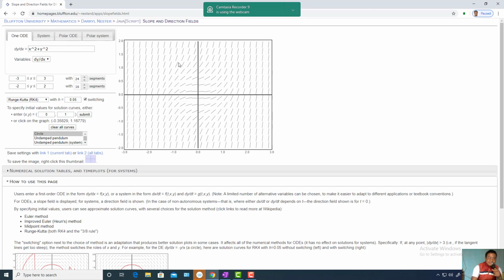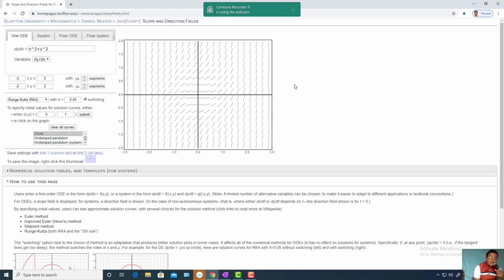So if you know the vector field, roughly you can sketch the solution curve. Although this equation cannot be solved, using this computer software, we can roughly sketch the solution curve. Let us see.